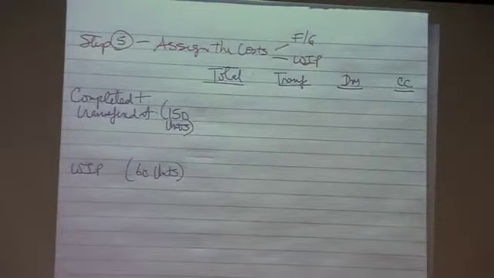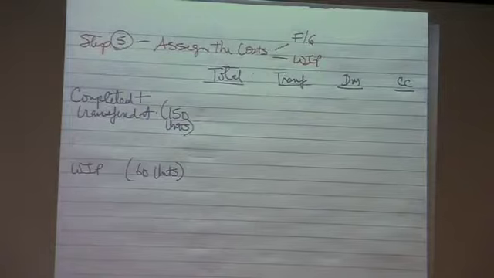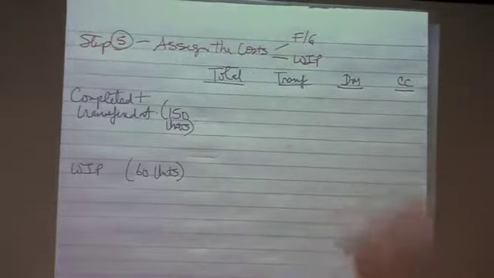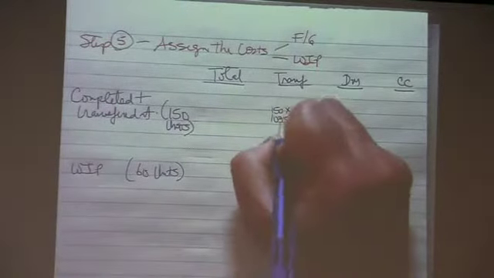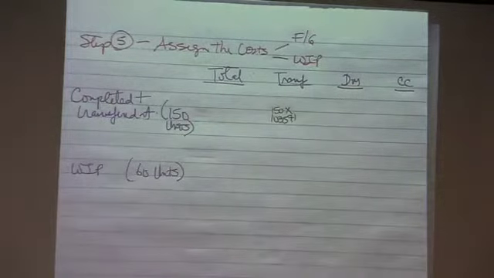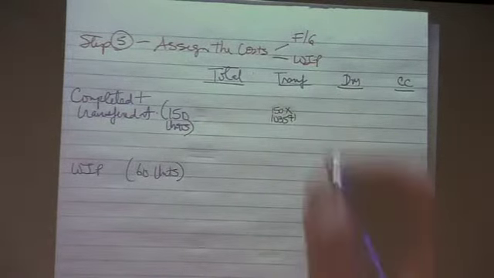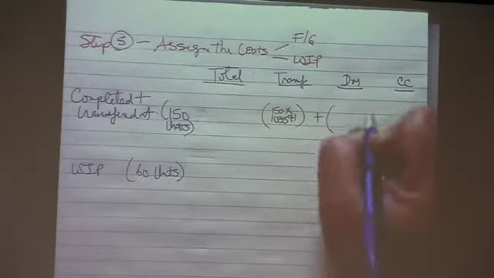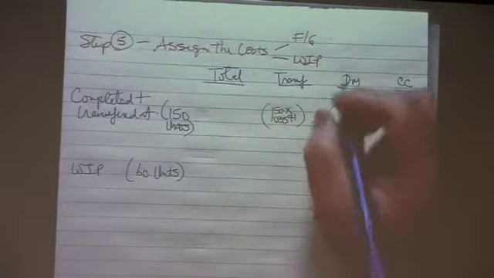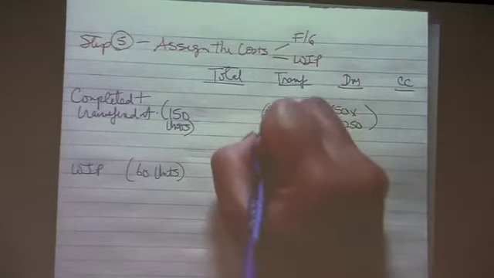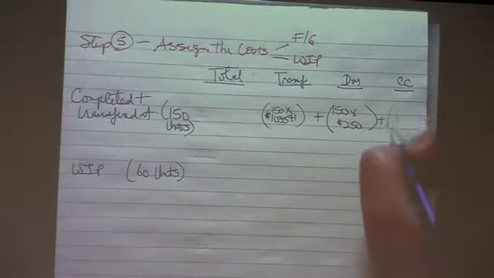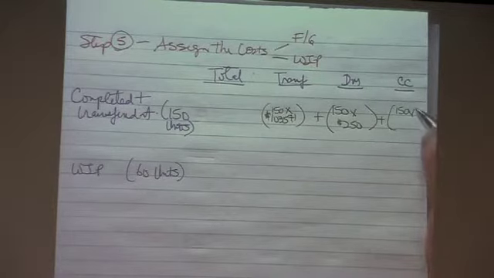The completed is 150. So we're going to take 150 times the average cost per equivalent unit, 1035.71, plus direct material, which is 150 times 250, plus 150 times 553.85.